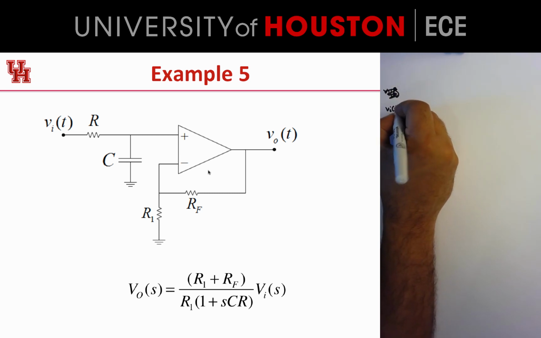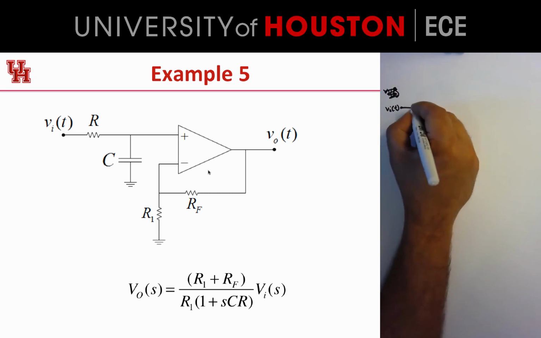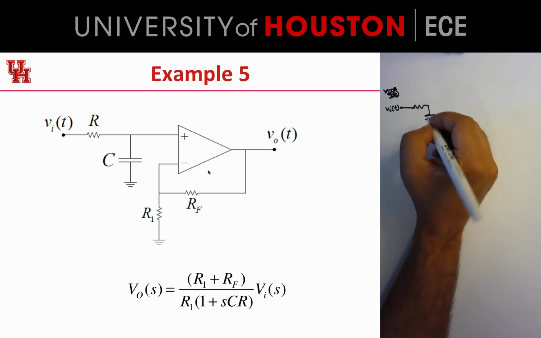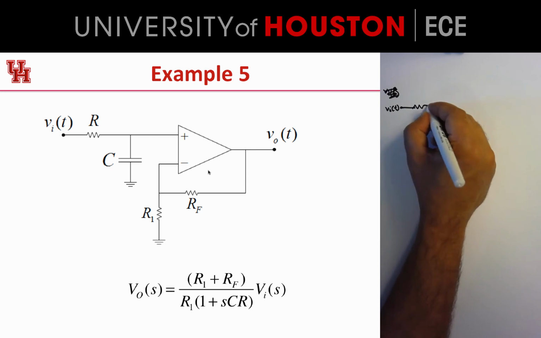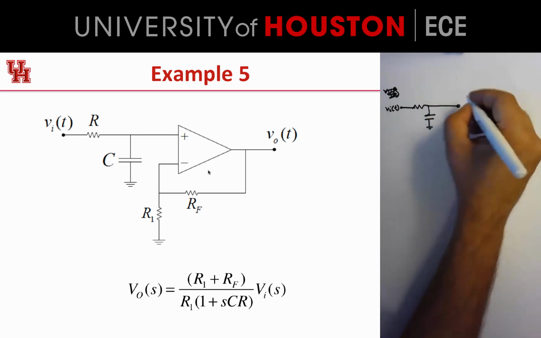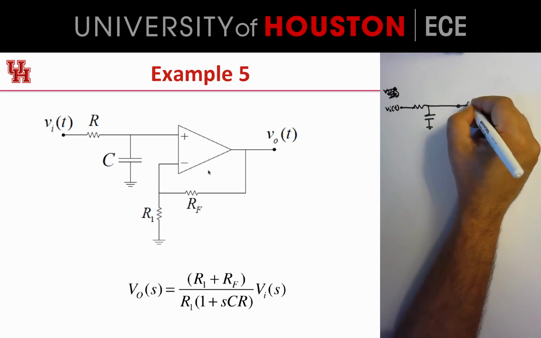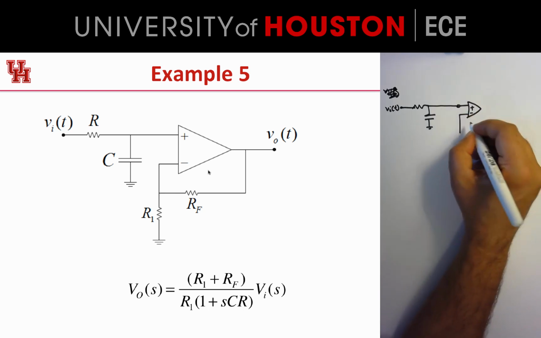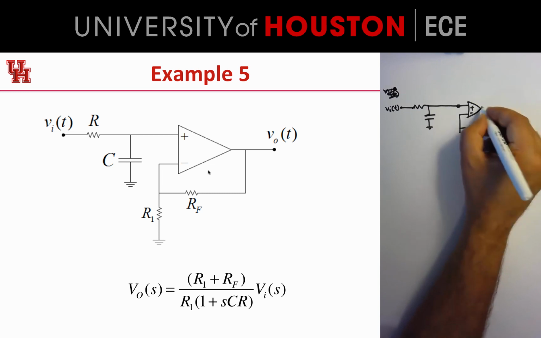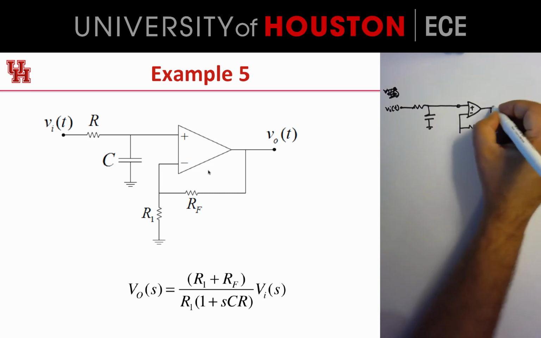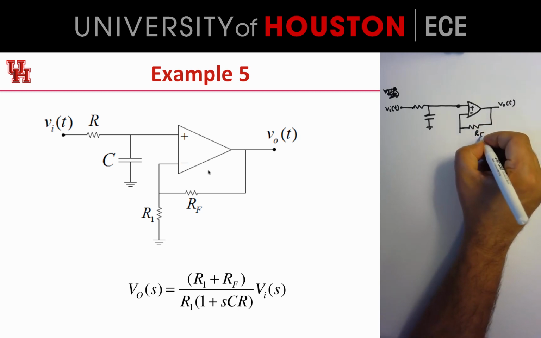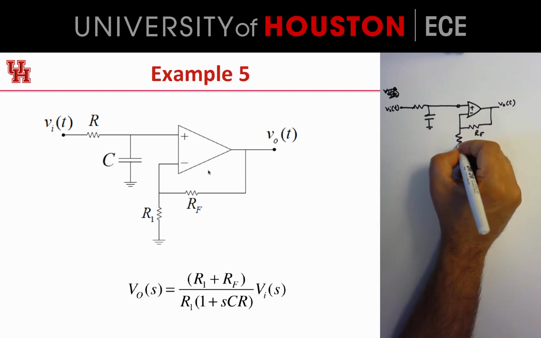Vi of t, you've got a resistor, you've got a capacitor going to ground, and this goes to the plus input of the op-amp. On the minus input of the op-amp, I've got a circuit that looks like this. This is Vo of t, this is RF, and this is R1.